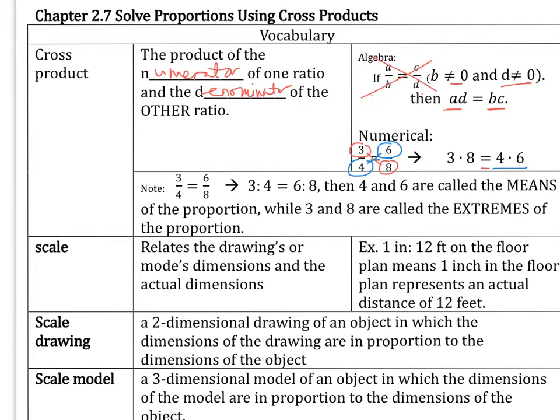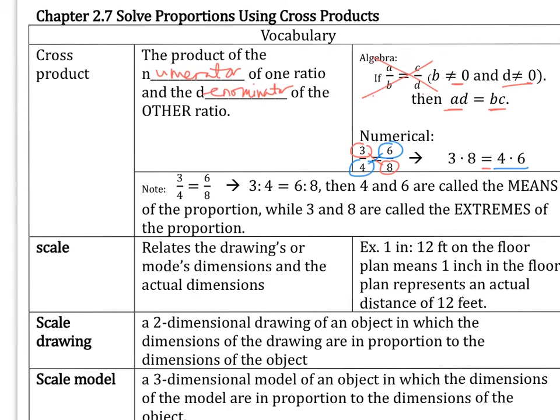Note, 3 over 4 equal to 6 over 8 means the same thing as 3 to 4 equal to 6 to 8. Then 4 and 6 are called the means of the proportion, while 3 and 8 are called the extremes of the proportion.